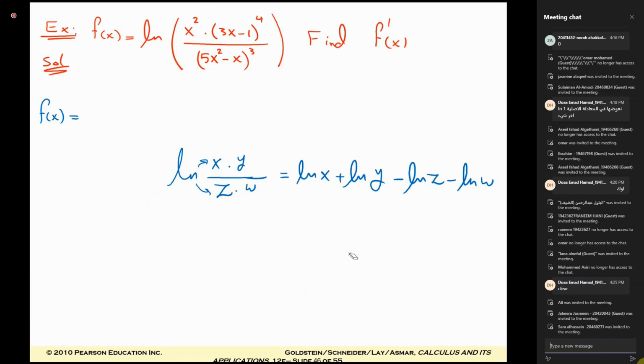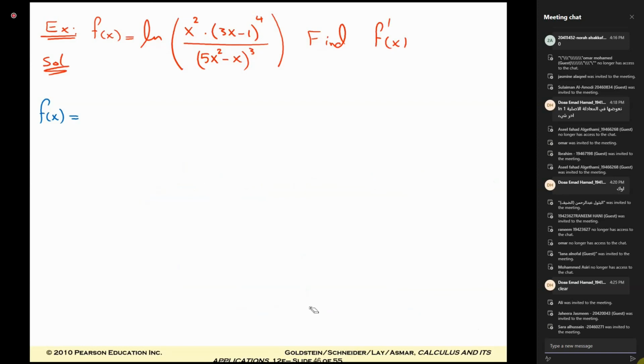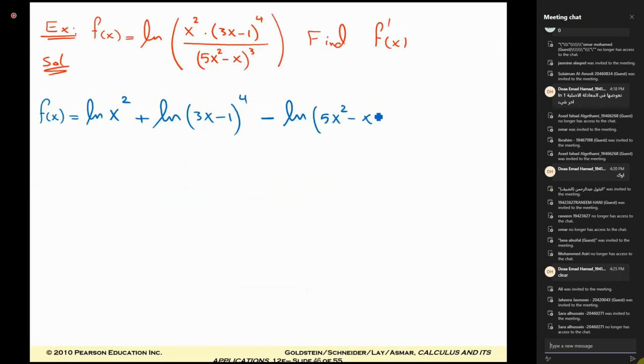Now, how can we distribute the ln in this function? We have ln x squared plus ln (3x minus 1) to the power 4 minus ln (5x squared minus x) to the power 3.